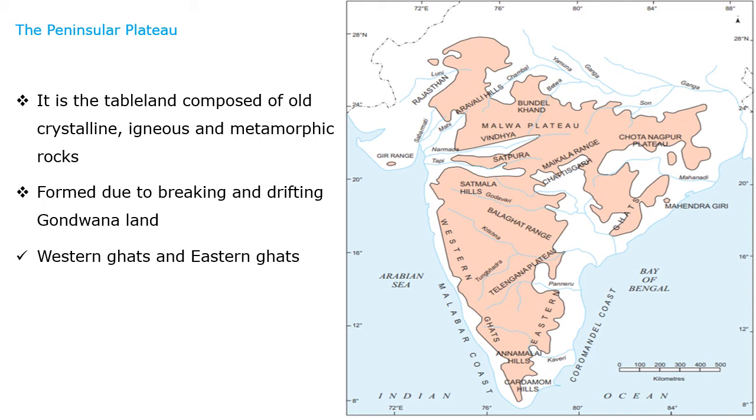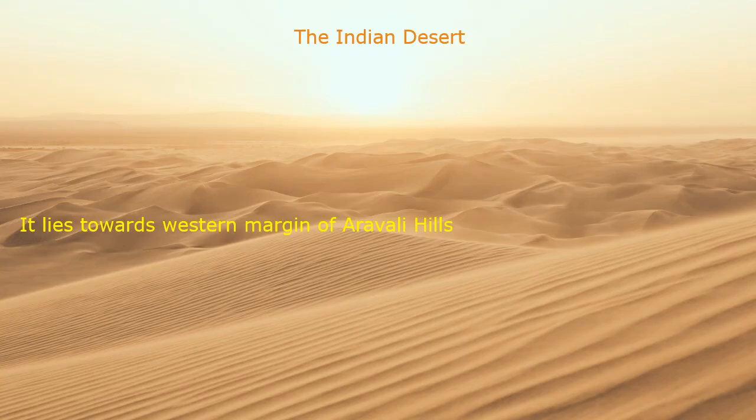It is not continuous like the Western Ghats. We can see all the peninsula rivers have their birth at Western Ghats and flow towards the east, breaking through the Eastern Ghats and draining into the Bay of Bengal. So this comprises the Deccan Plateau. So the next is the Indian Desert.